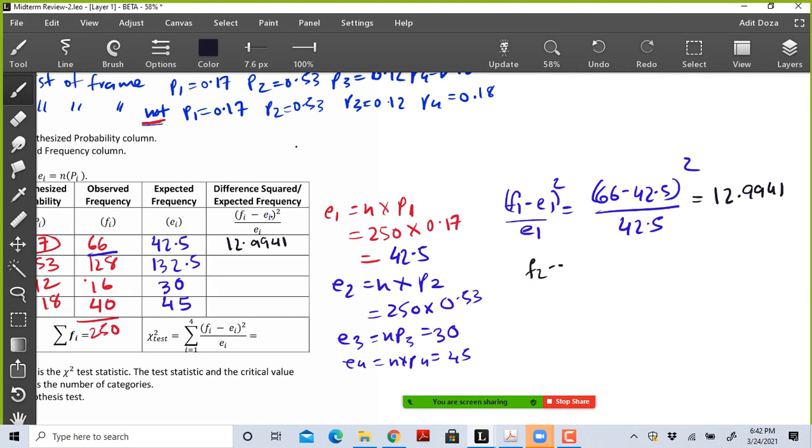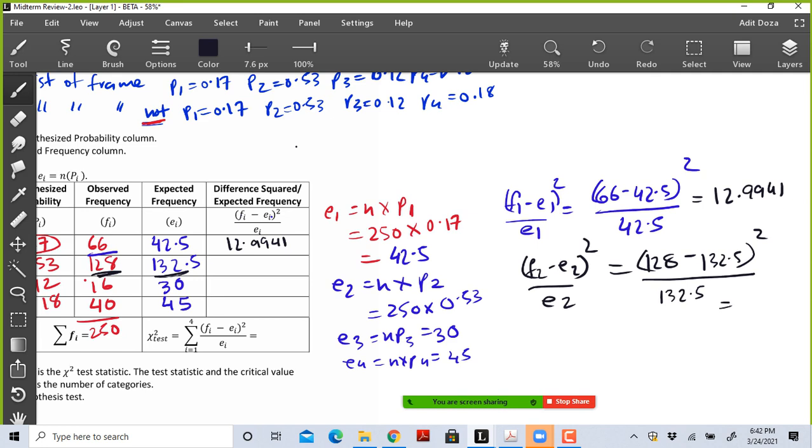So f2 minus e2 square by e2. So f2 is this one, 128 minus 132.5, square. So in the exam, always keep 10 blank pages with you because you need to do some rough work, okay? So that would be 0.1528.